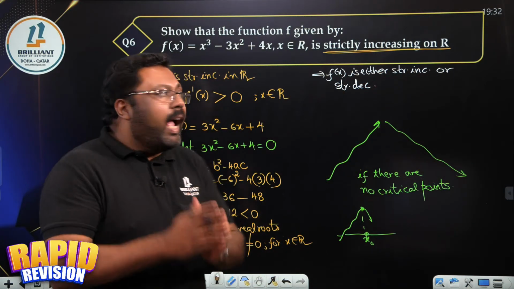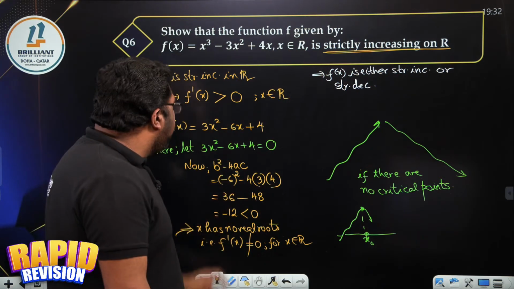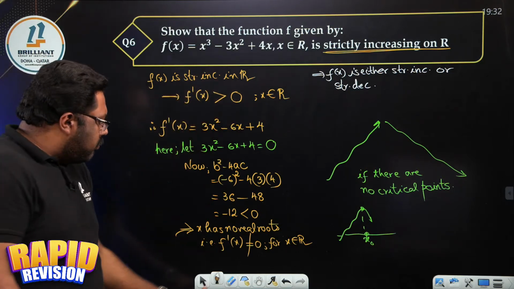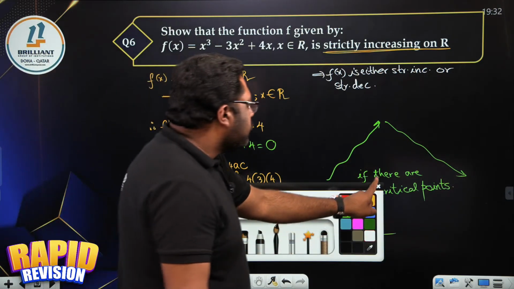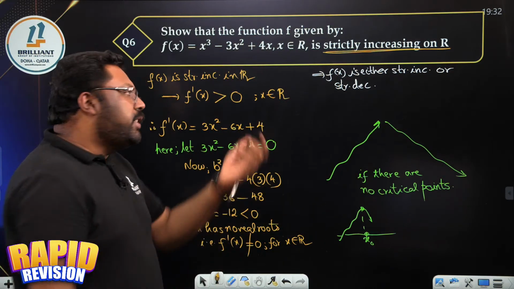Got it? But I have to show it is strictly increasing. How can I show it's strictly increasing? I have to prove that the first derivative is always positive. Simple idea. It's either going up or going down.